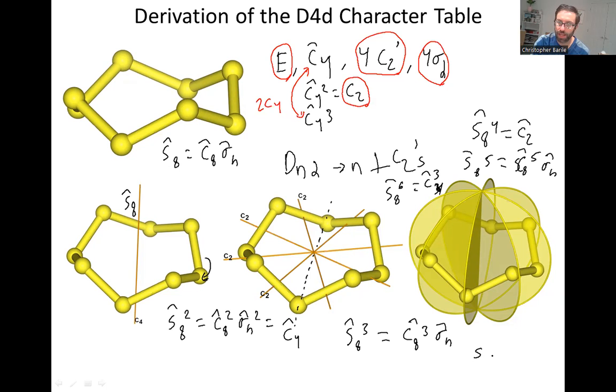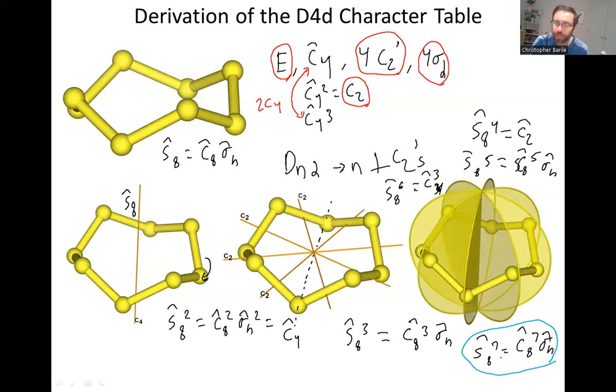But we would have S8 seven times, a C8 seven times followed by sigma H. And by the time we get to S8 eight times, we're back to identity. That's a 360-degree rotation followed by 8 flips, which doesn't do anything.